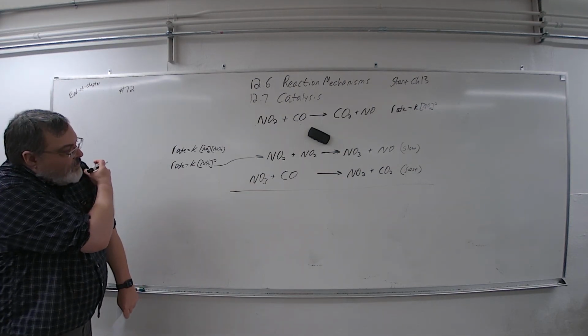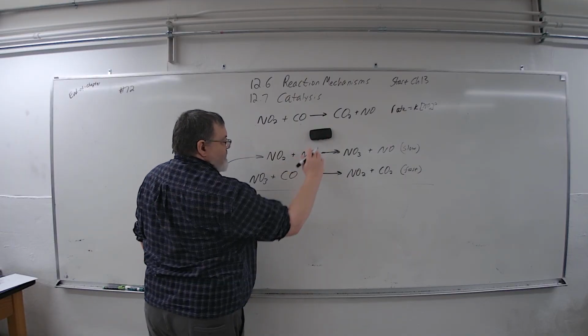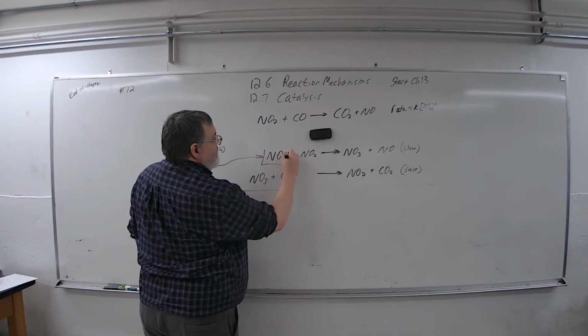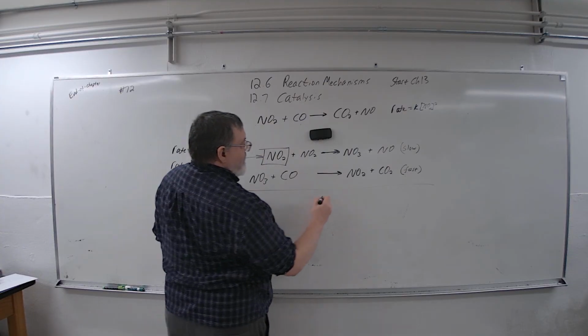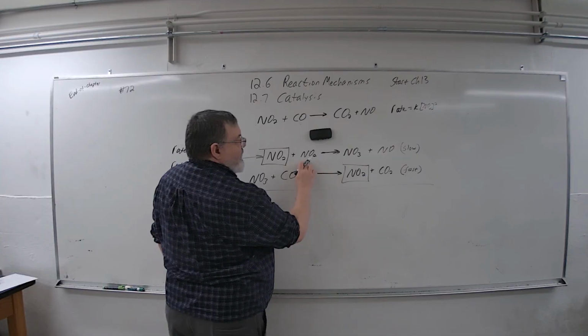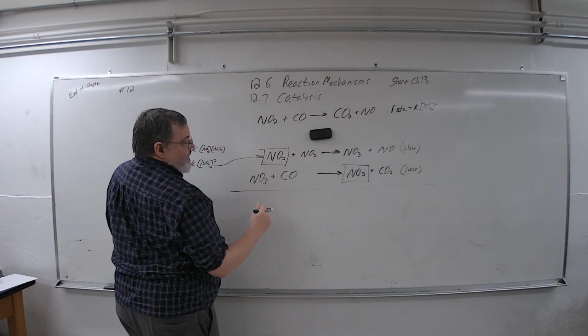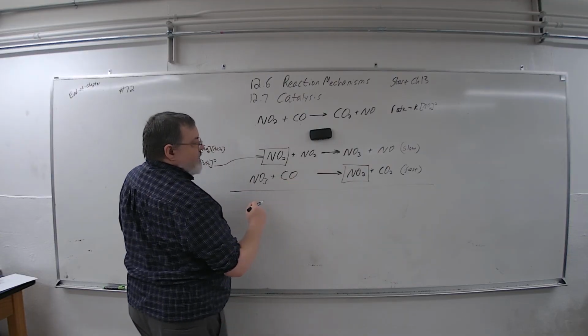And let me do this one more time. These two steps represent this equation. NO2, NO2. I have another NO2 here, but nothing else to cancel it, so I have to leave that one. There's no CO over there.